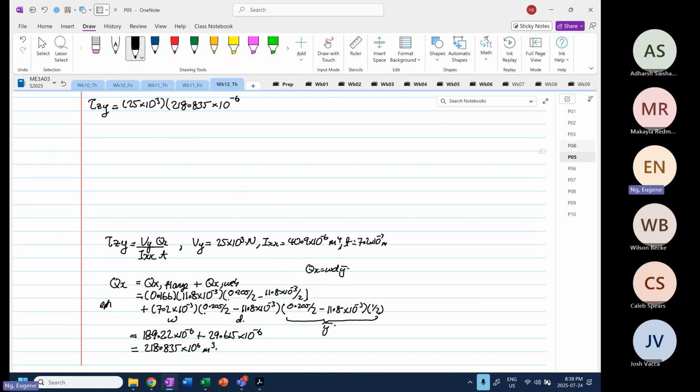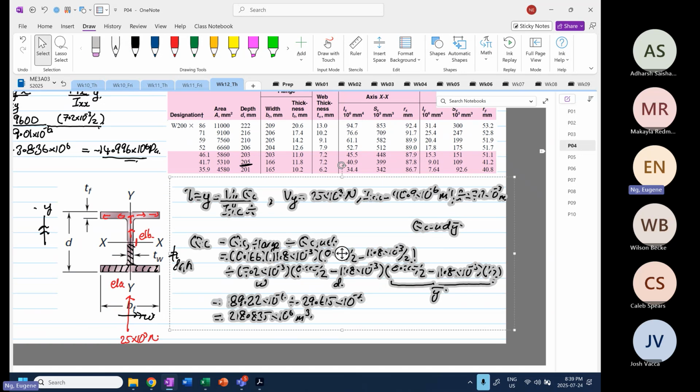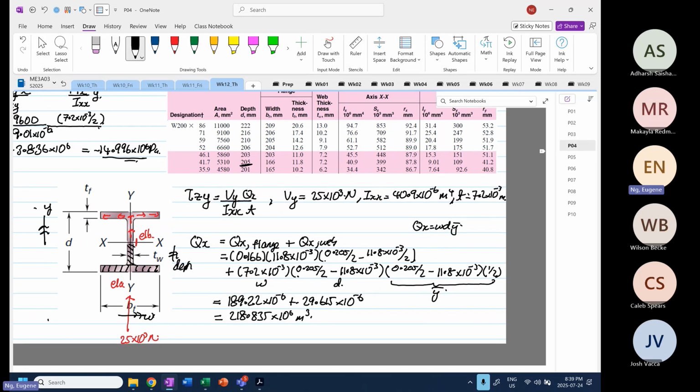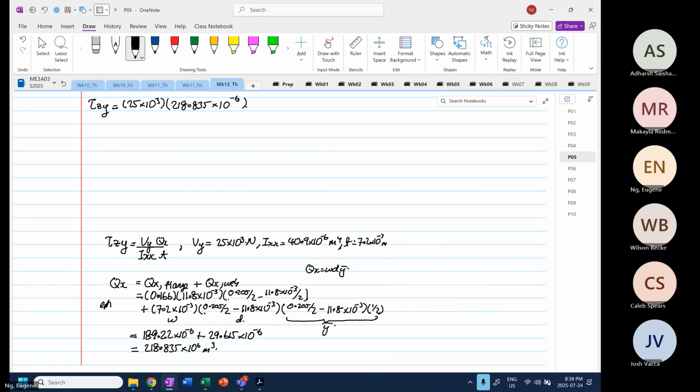Okay, I think down here I'm missing my minus sign. Then divide by 40.9, and then the thickness is 7.2 now.